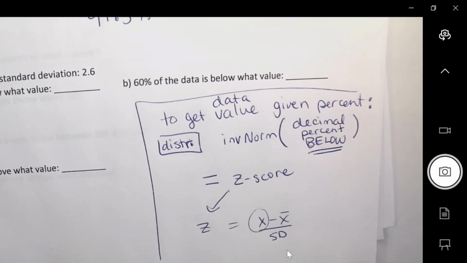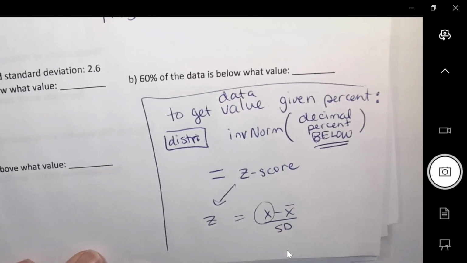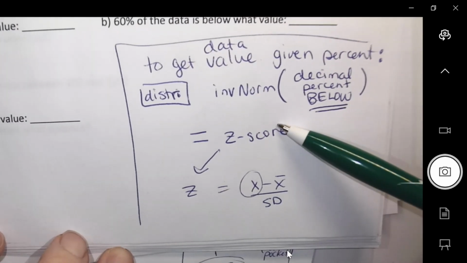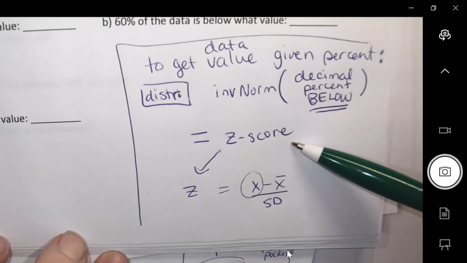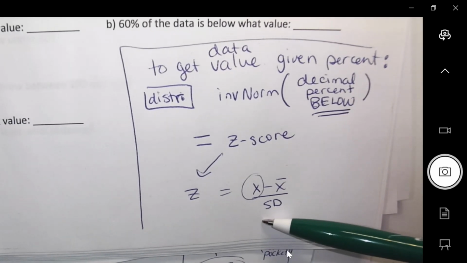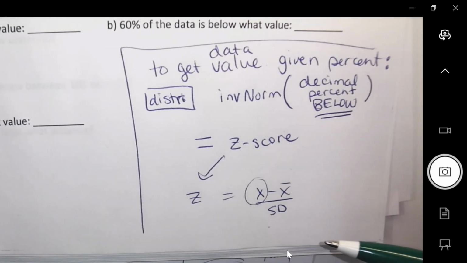Then you would use the Z-score formula to get your score. So you use the inverse to give you a Z-score, but you might have to use the Z-score formula to get me your data score.